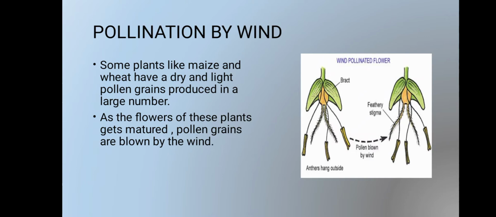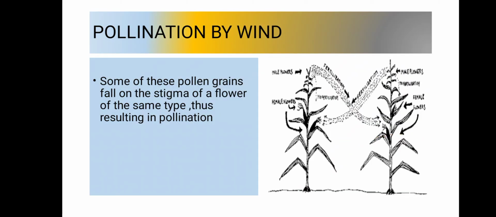As the flowers of these plants get matured, pollen grains are blown by the wind. Some of these pollen grains fall on the stigma of a flower of the same type, thus resulting in pollination.